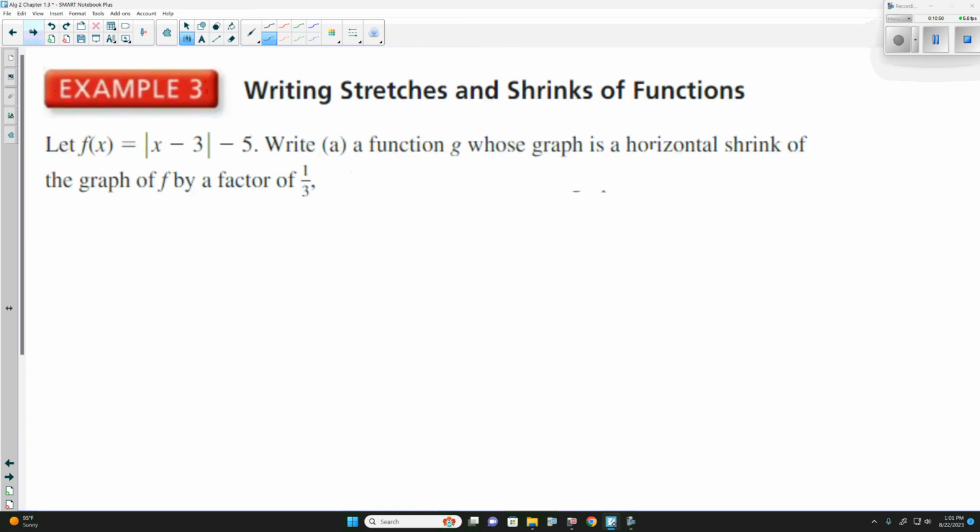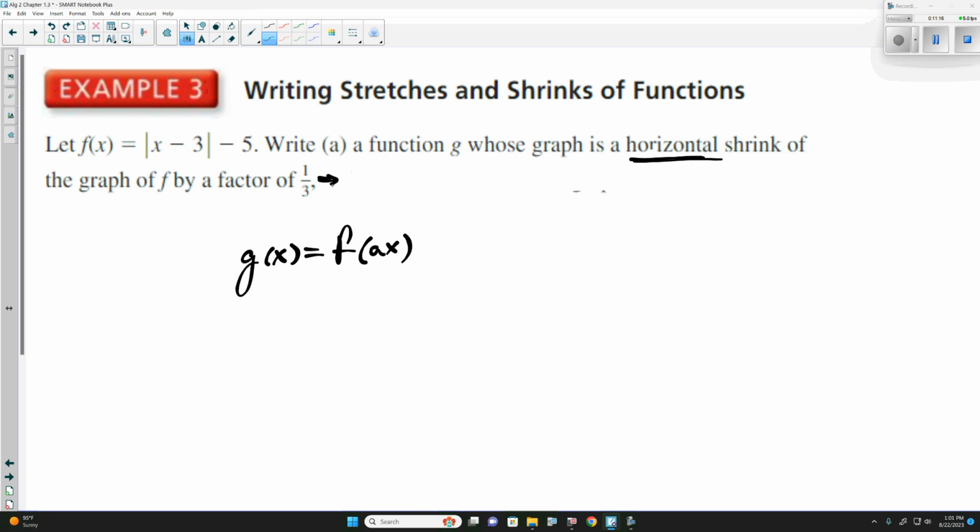Now we do need to change the note sheet a little bit because I did go back to doing these with horizontal. So this time we want to write a function whose graph is a horizontal shrink. So here we're using f of a times x.